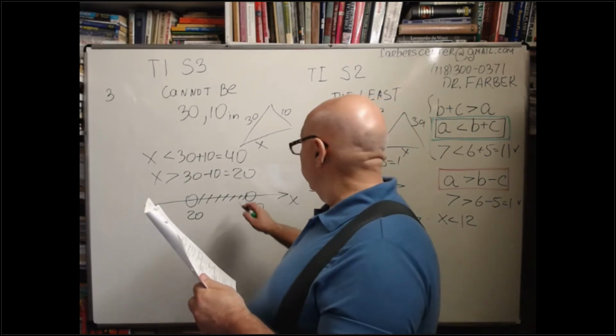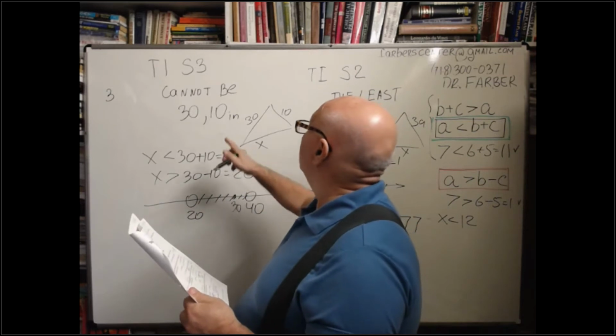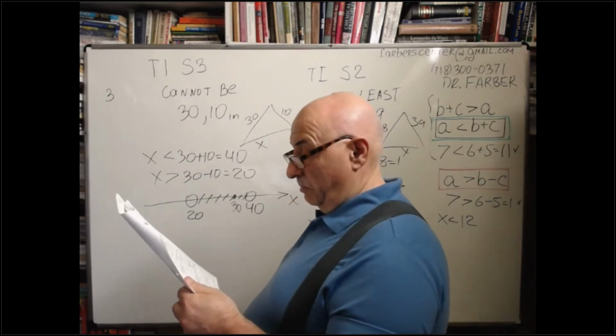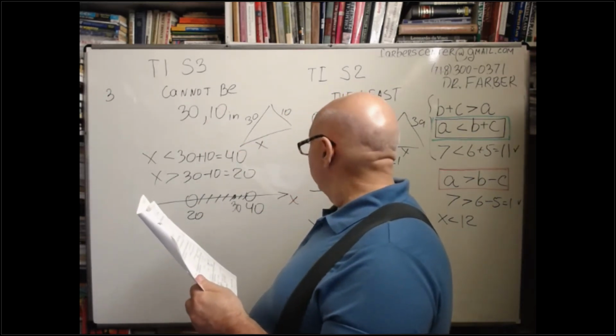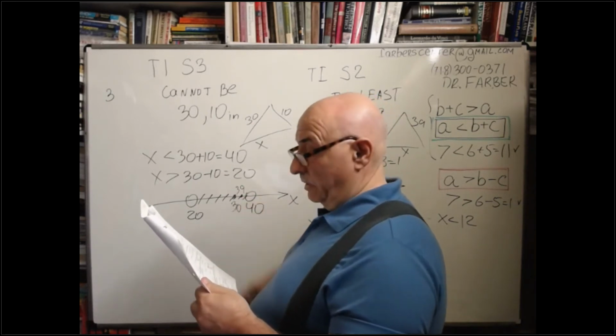Is it possible, 30? Yes. But since it's a negation, it does not work. Cannot be. Is 39 possible? Yes.